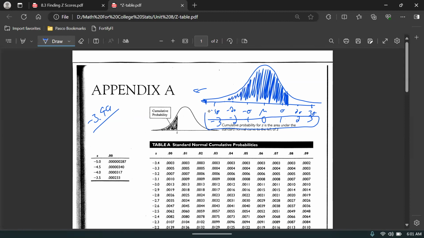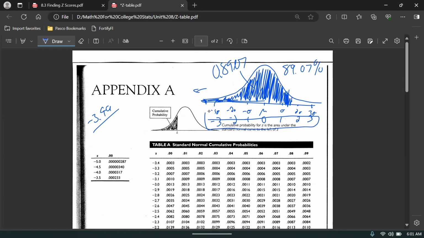This whole area that I'm shading in is 0.8907. Or you can translate it to 89.07% of the distribution is 1.23 standard deviations or less. And don't forget that the whole area would equal 1.